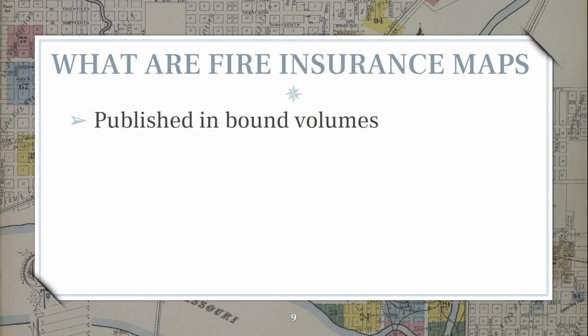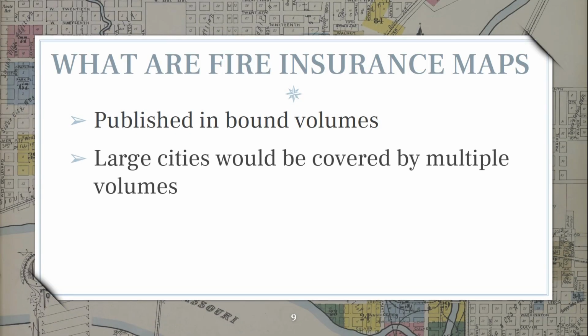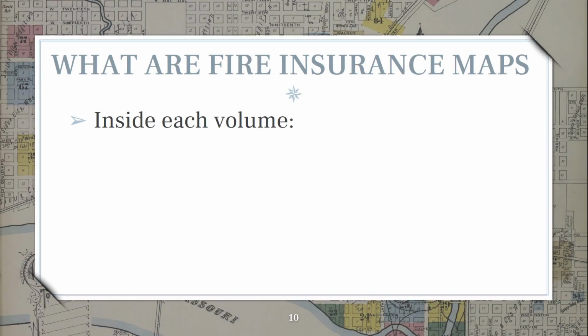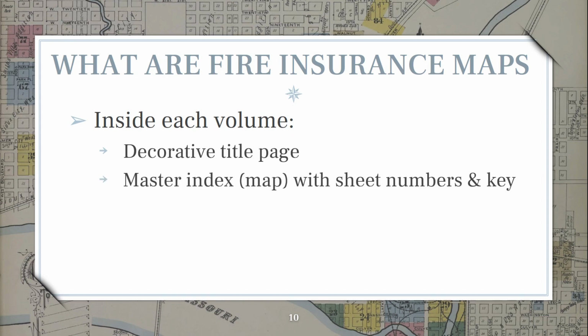The maps were published in bound volumes. Large cities would be covered by multiple volumes. The volumes ranged in length from one page to thousands of pages, depending on the size of the city or town. There would be multiple volumes to cover a large city like New York, Chicago, or Los Angeles. Here's what you can expect to find inside each map volume: a decorative title page, a master index showing the entire mapped area and the sheet numbers for each map.